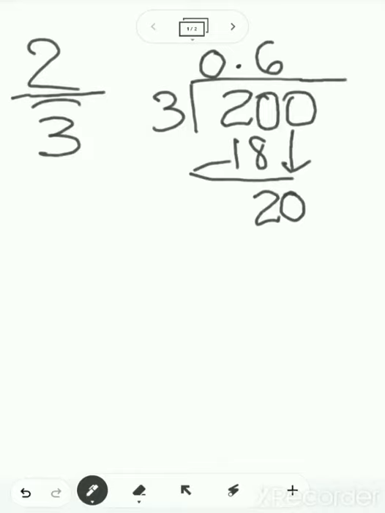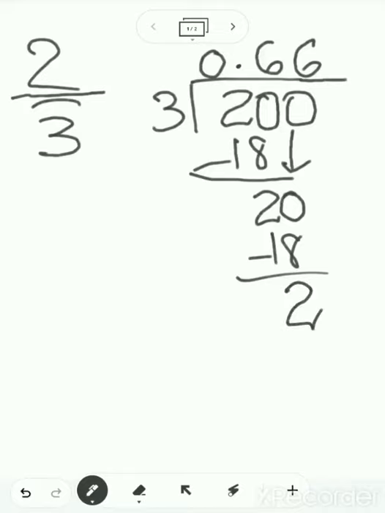So I end up with 20 again. I'm now going to say 3 into 20. 3 into 20 will give us 6. 6 times 3 is 18. And I'm going to go ahead and subtract again. Now when I take away 18 from 20, what I am left with is 2.